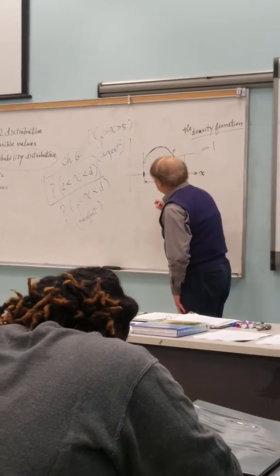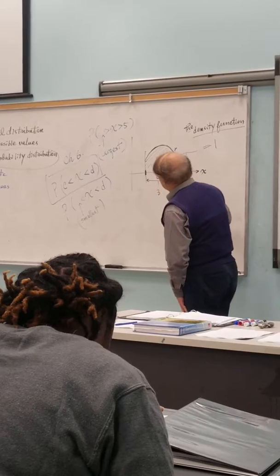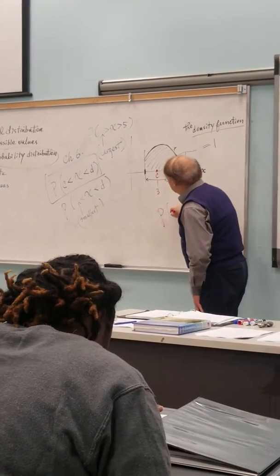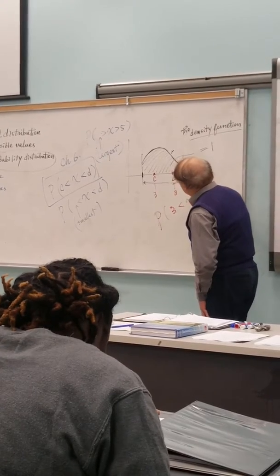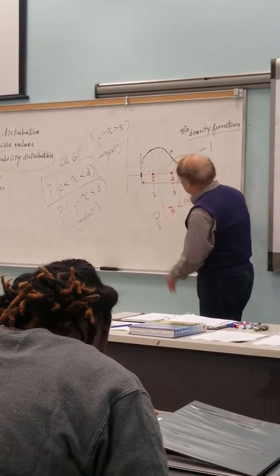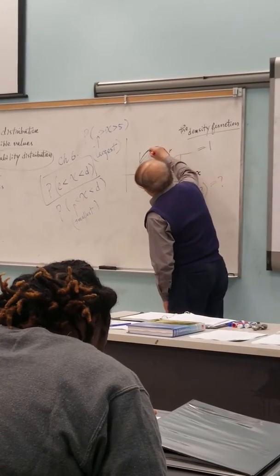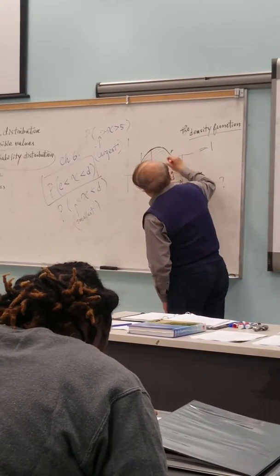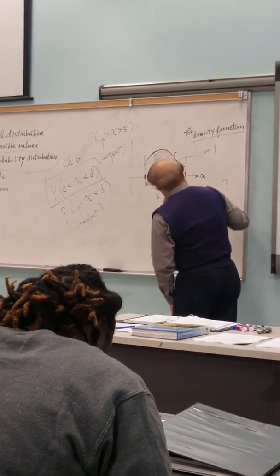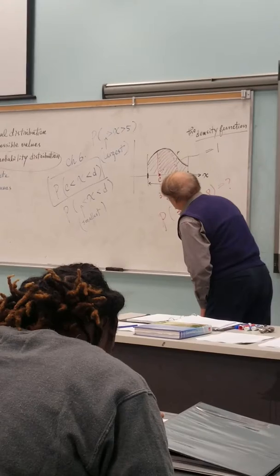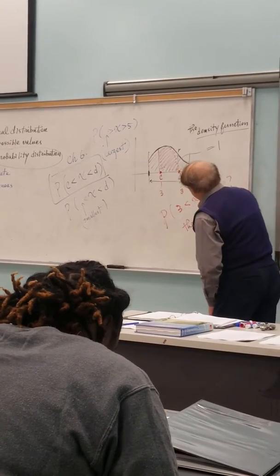Now, if you want to answer the question, what is the chance for the random variable to take a value between 3 and 8? How do you answer it? The answer is, listen carefully, the area between 3 and 8.